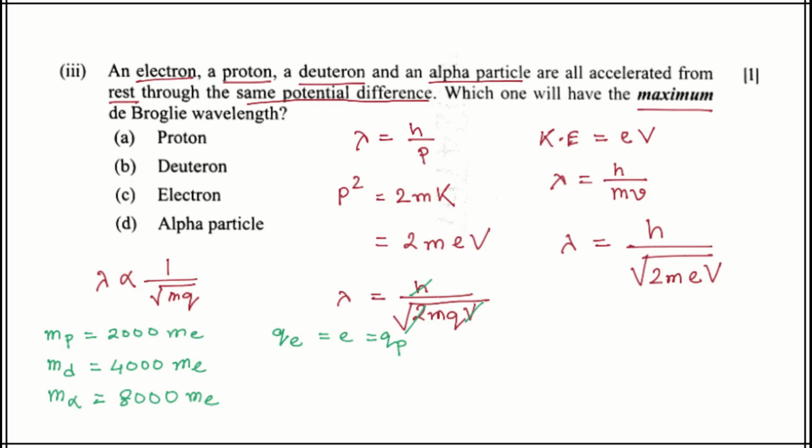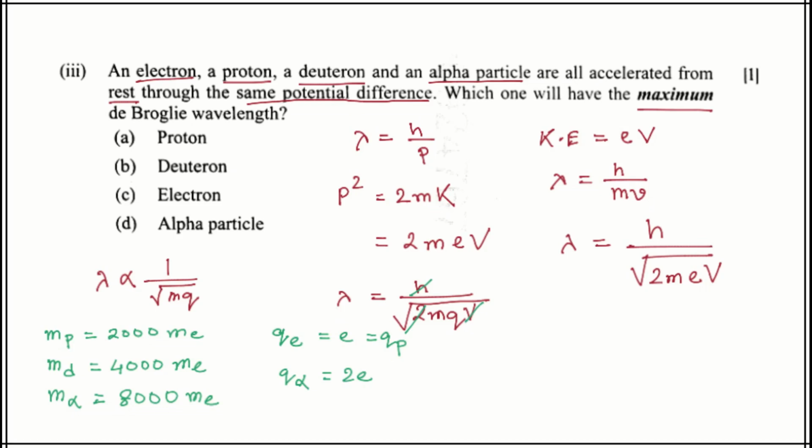But in the case of alpha particle, we get 2 times charge, that is Q alpha equal to 2 into e. Therefore, from all this understanding, we get to know that electron is having the least mass and least charge among themselves.